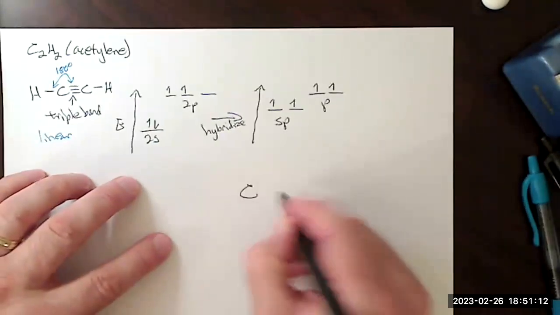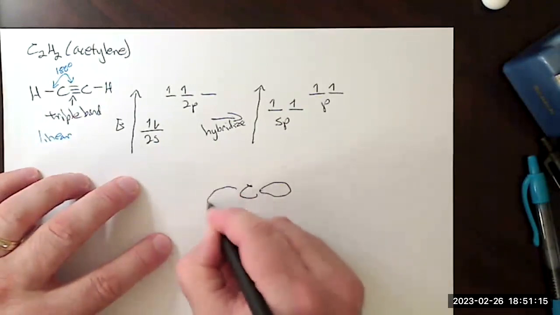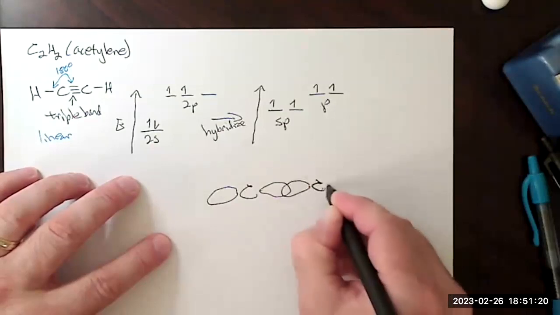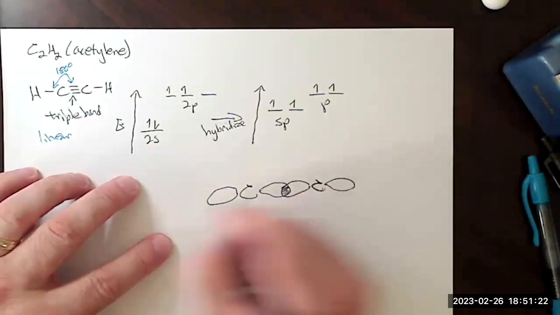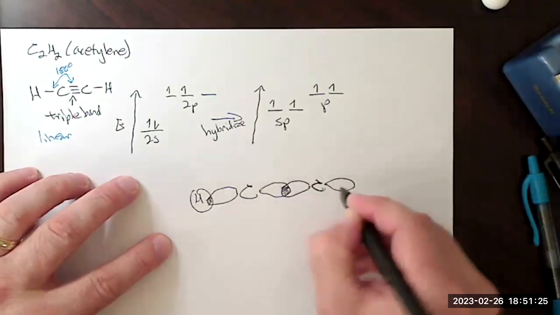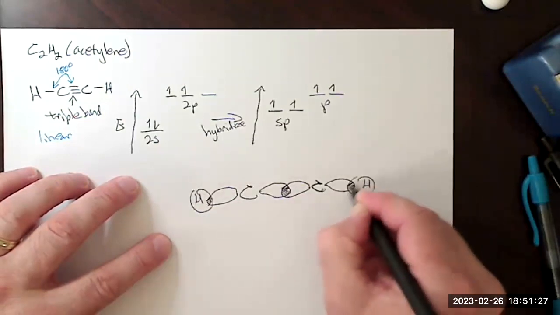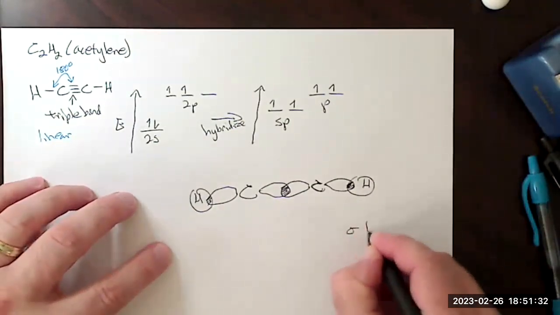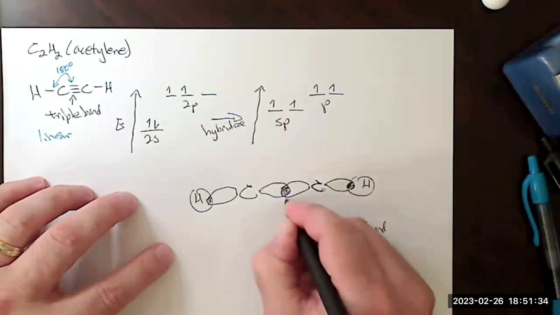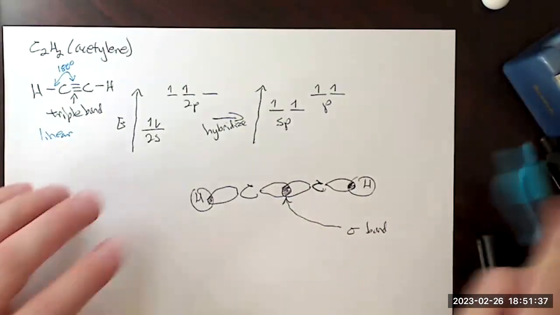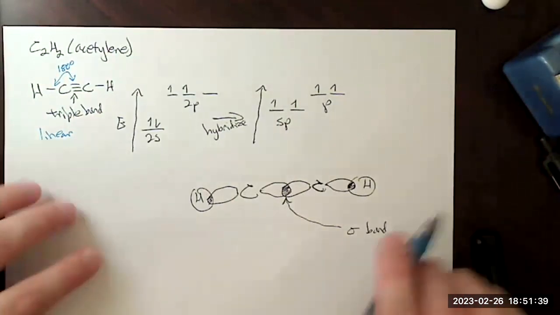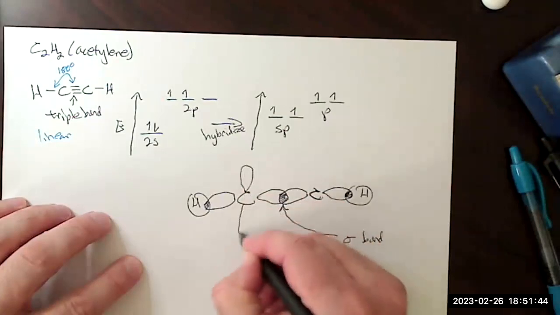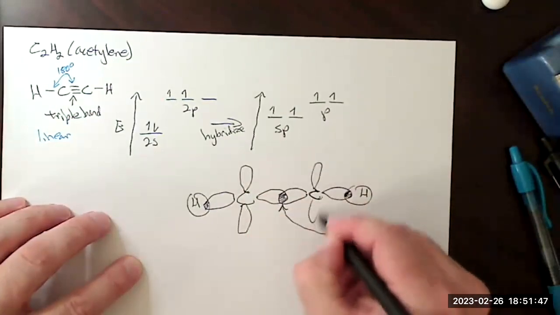So now what things end up looking like is we've got our linear carbons here. The carbons are in a line, with hydrogens on the ends. This is what we would call a sigma system. And then we actually have two sets of pi bonds. So I'll draw one like this. So we've got p orbital, p orbital.